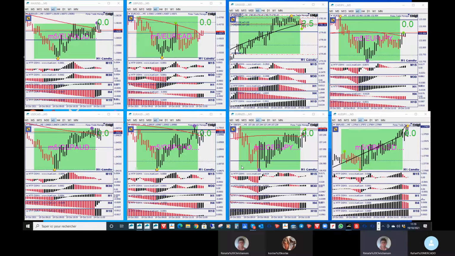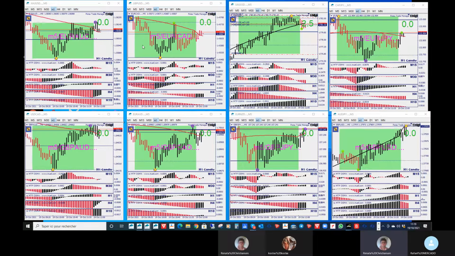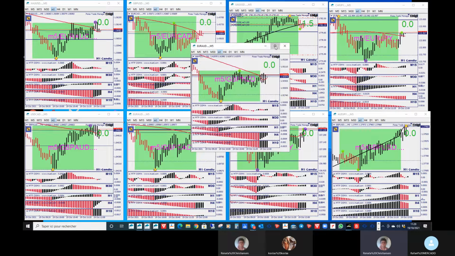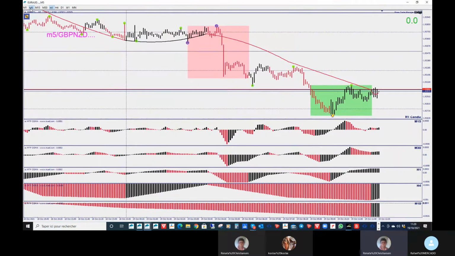I re-entered Pound New Zealand hoping it will go short, but maybe, as Santiago says, it's not a high probability, so one should stay away. Yeah, at this point, the window is closed.